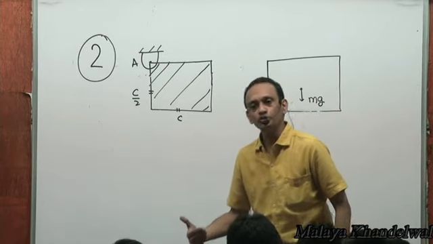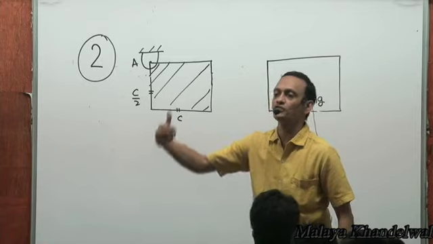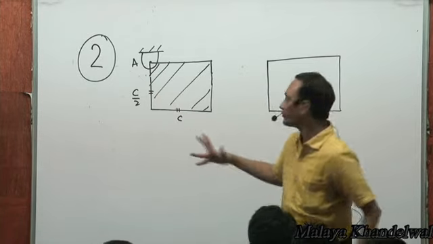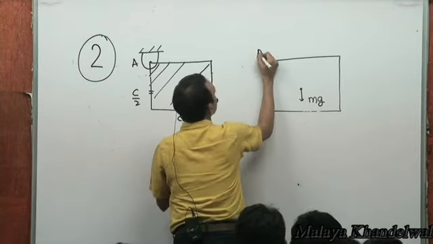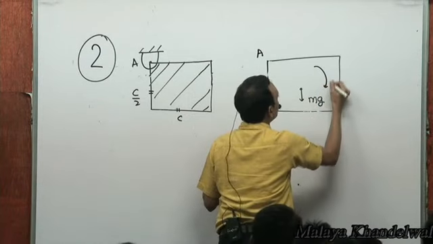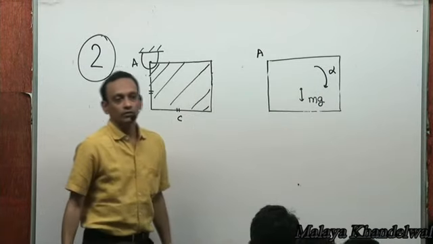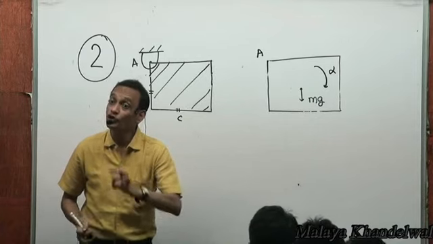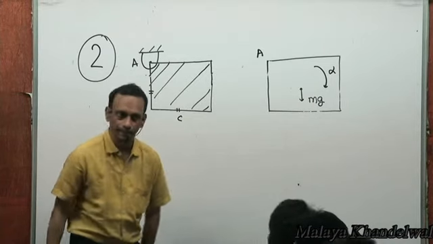So I take torque about A, equal to I about A into alpha, right? That's the only thing. The rigid body would get into a state of pure rotation about A, right?